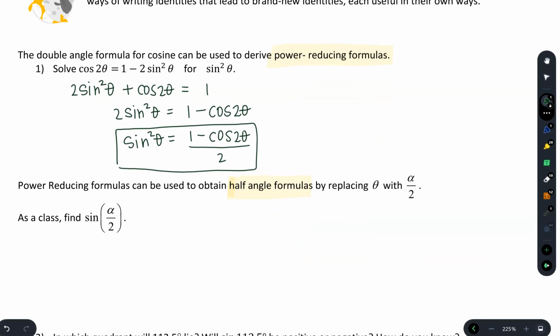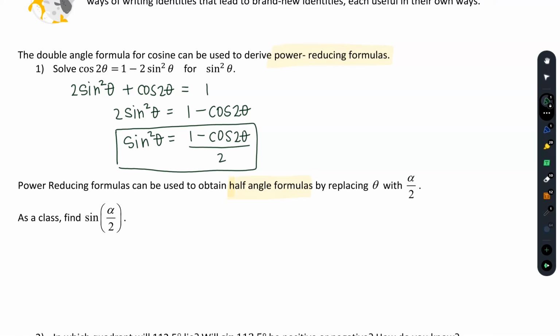Okay, so let's take what we just found right here and find sine of alpha over 2. I'm going to take what we just isolated and plug in alpha over 2 for each one of those thetas.